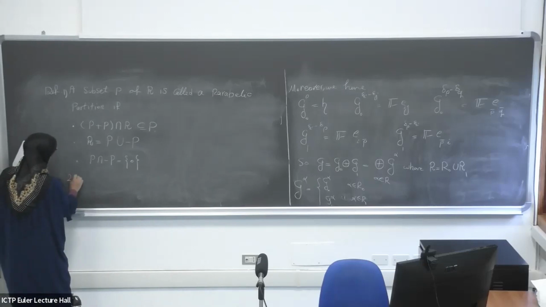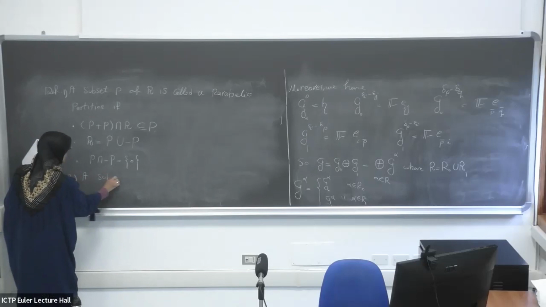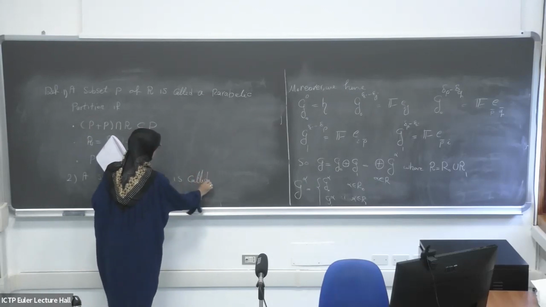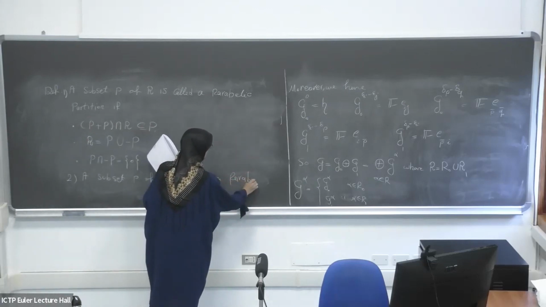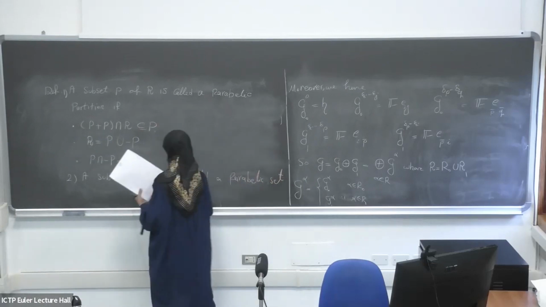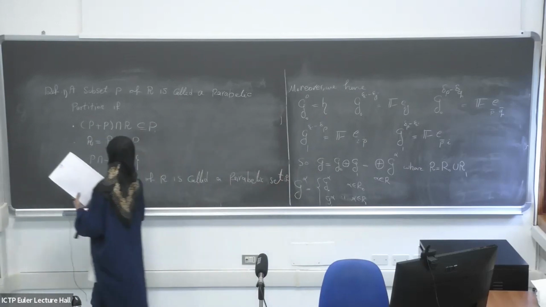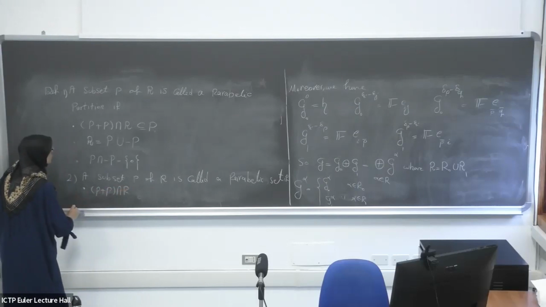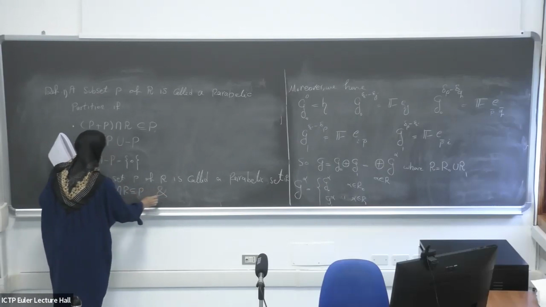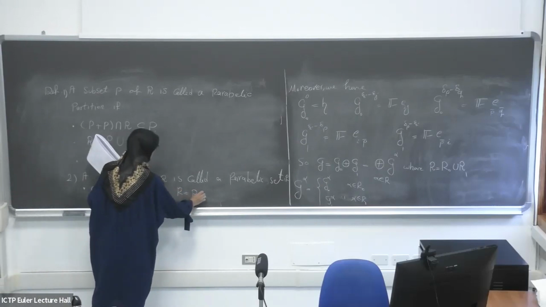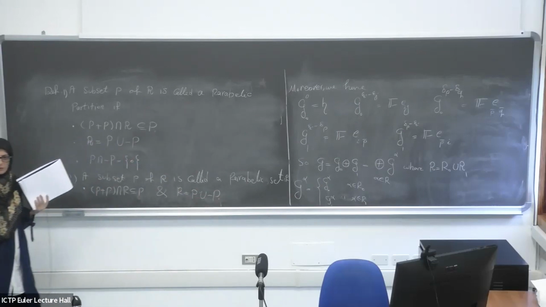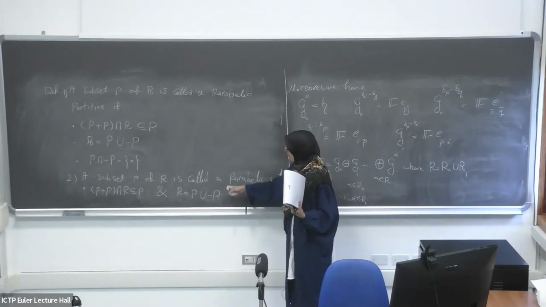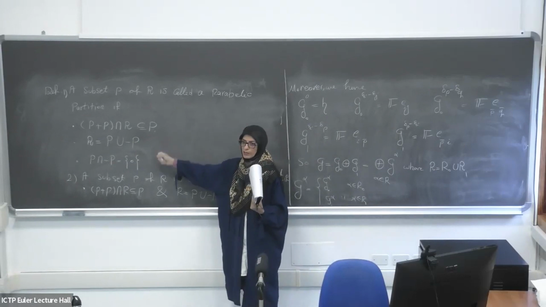And the second definition: a subset P of R is called a parabolic set if P plus P intersection R is a subset of P, and R is P union minus P. Clearly, when we have a parabolic partition, we have a parabolic set.